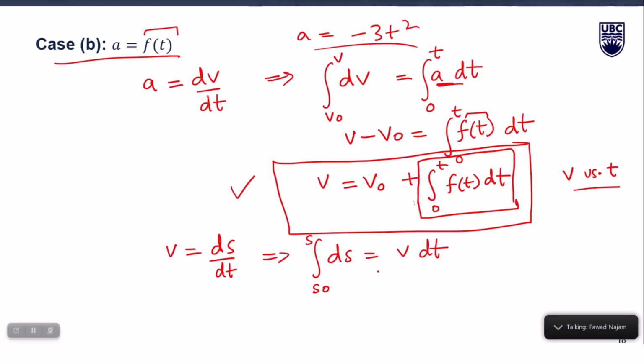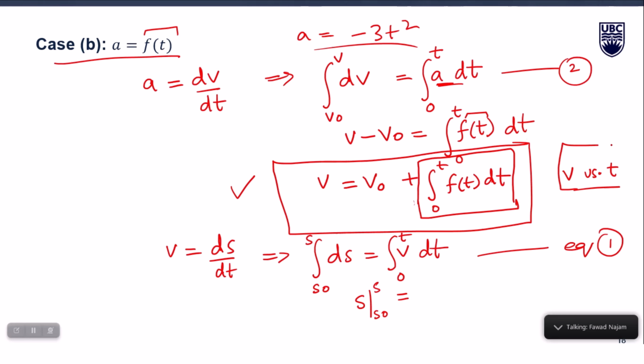This is our equation 1, that was actually our equation 2, right? So this will give me s with limits from s naught to s is equal to this integral. Whatever function v versus t you determine from the first part, you just introduce that here in this new integral, right? So this whole thing will be a function of time.